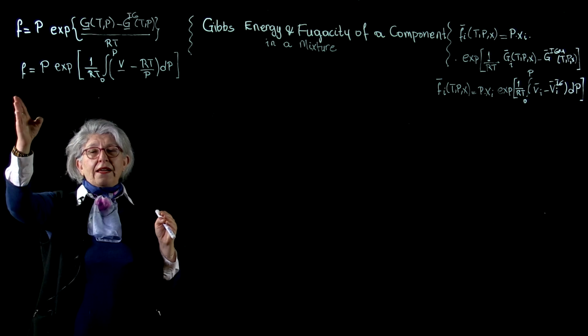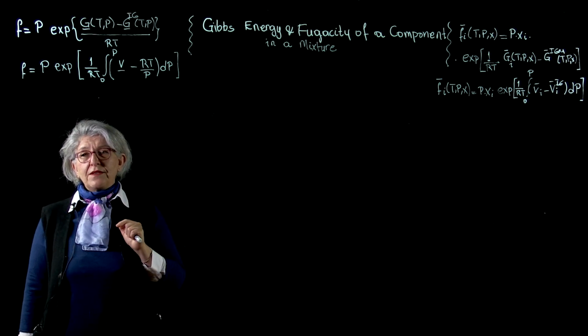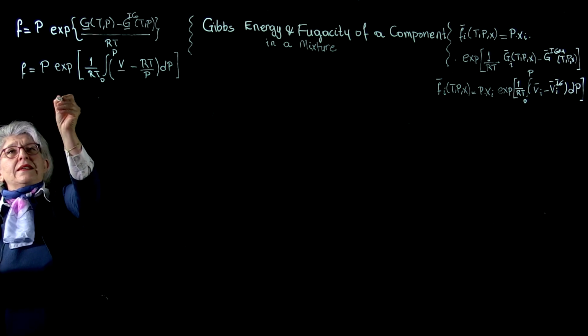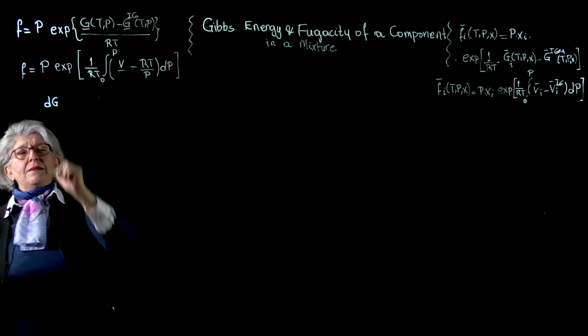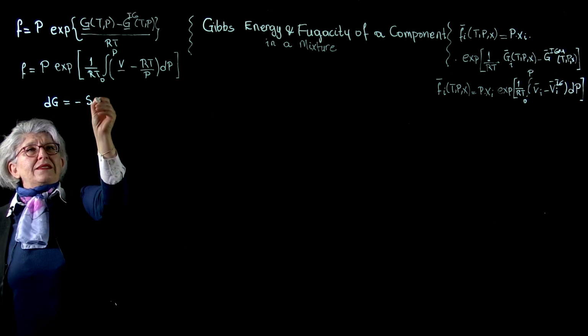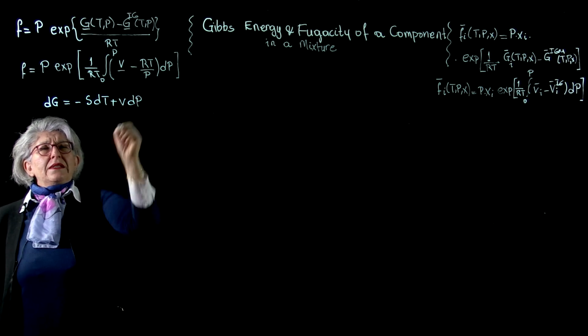And when we have carried out the algebra of the Gibbs free energy, remember that the Gibbs free energy was, let me write the differential form, minus S dT plus V dP.